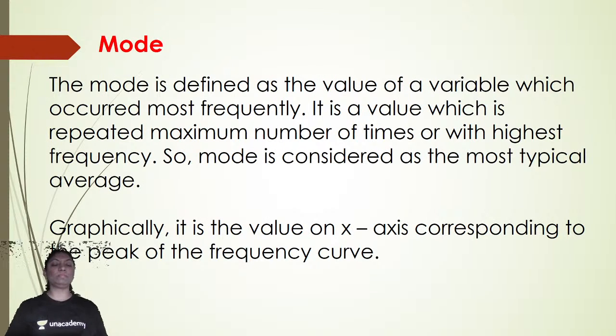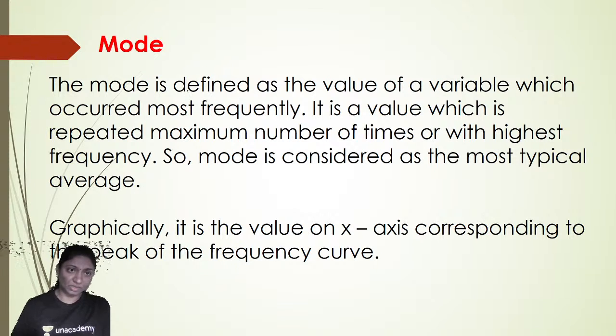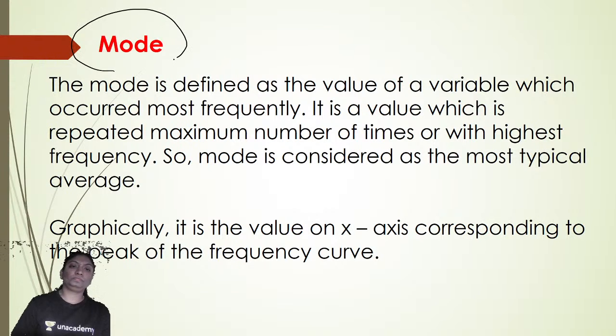Now see, what do you mean by mode? What is the mode? Okay, just like we calculated the mean for ungrouped data, for grouped data, and for continuous grouped data, exactly in a similar way we will calculate the mode.